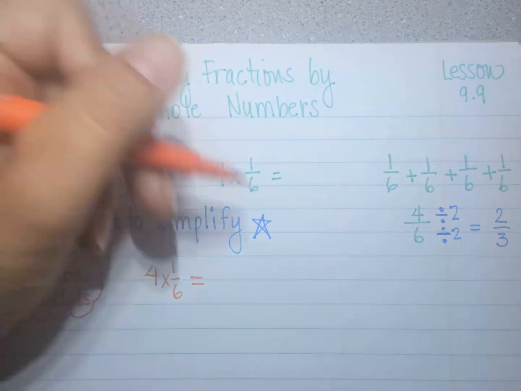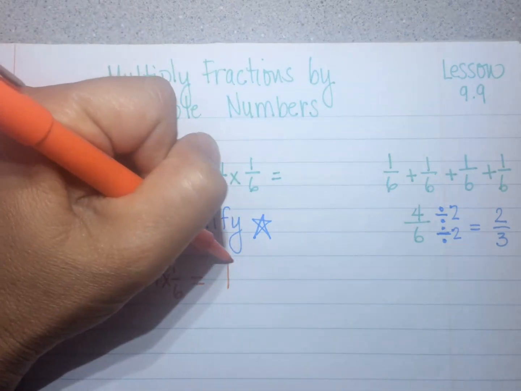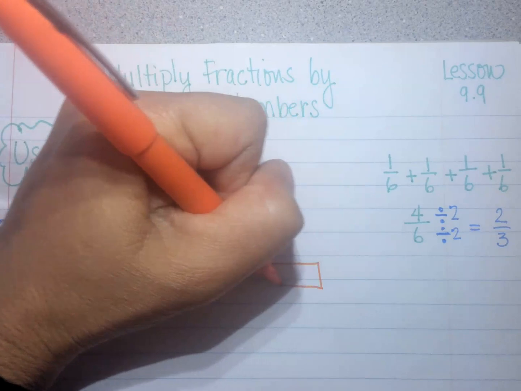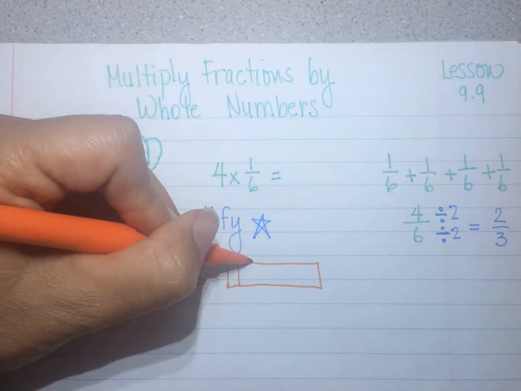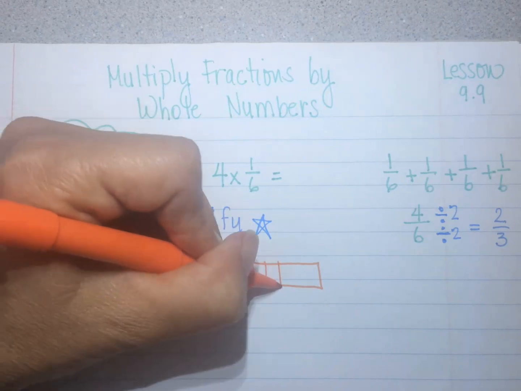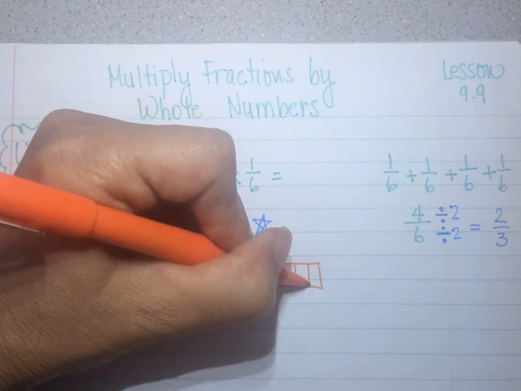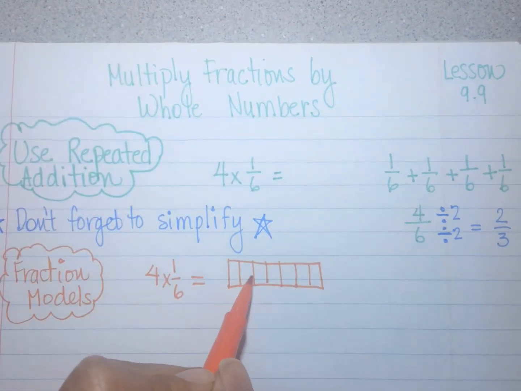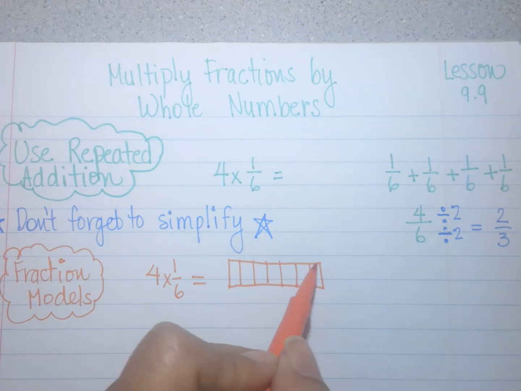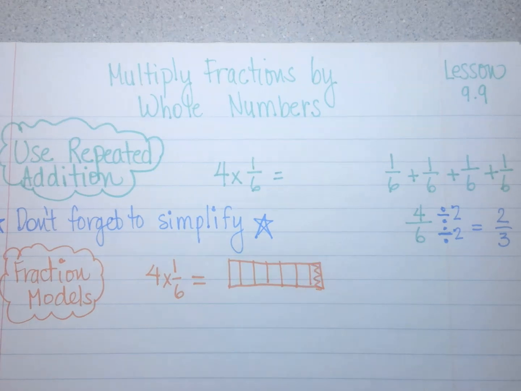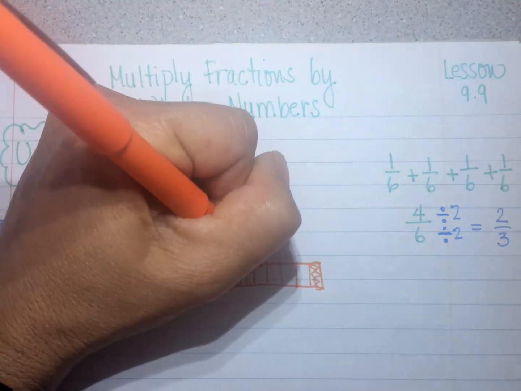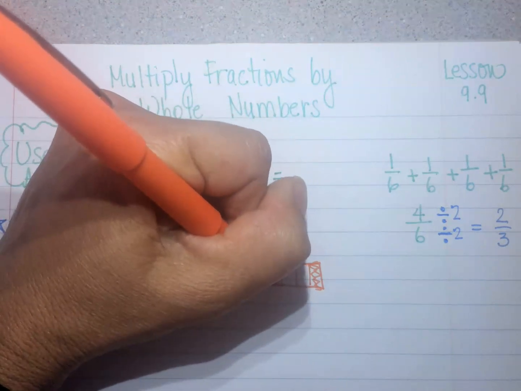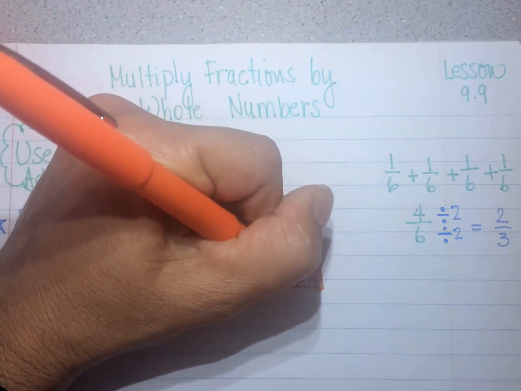I'm going to draw unit fractions. 1, 2, 3, 4, 5, 6. I think I made too many. 1, 2, 3, 4, 5, 6. Whoops. All right. I have 1/6, 1/6, 1/6, 1/6, 1/6, 1/6.